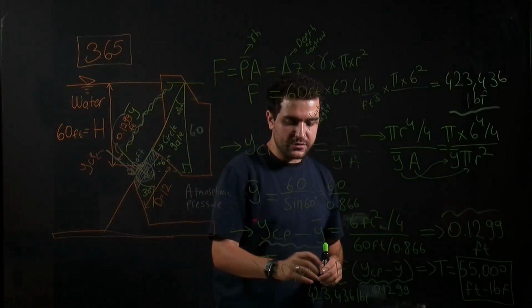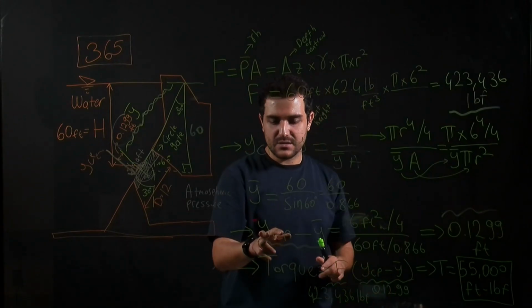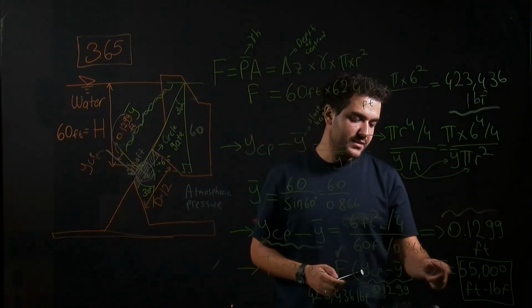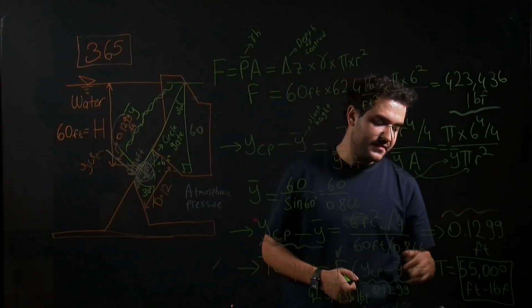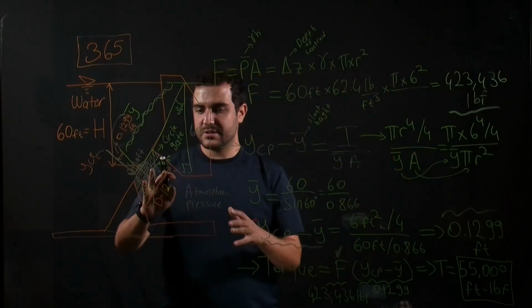So torque will be equal to force times the distance between centroid and center of pressure. And finally, if we apply a torque of 55,000, we can hold this valve in this position.